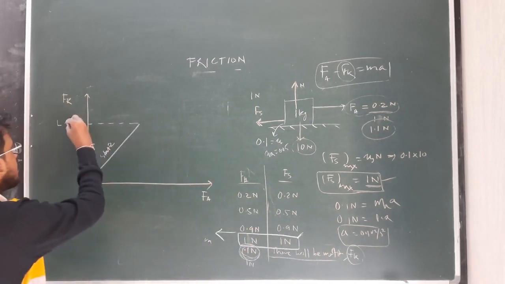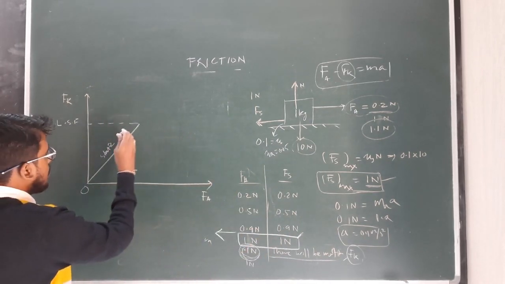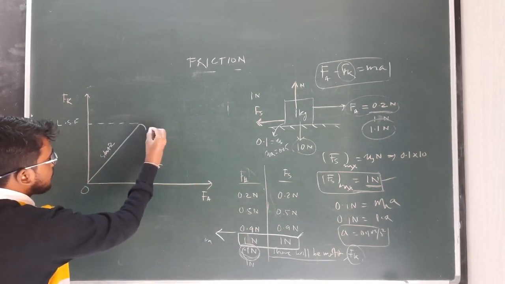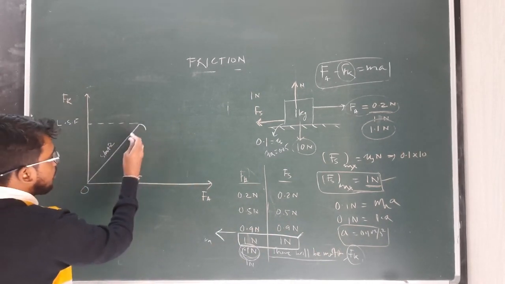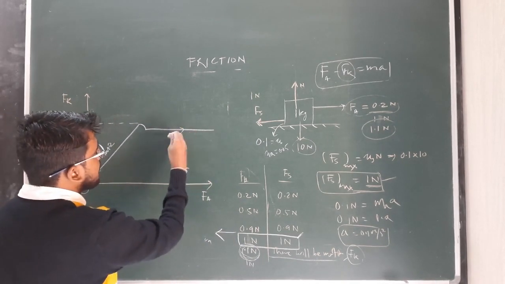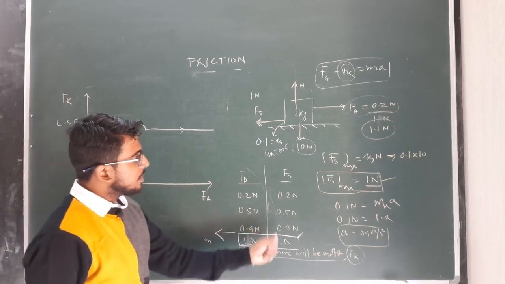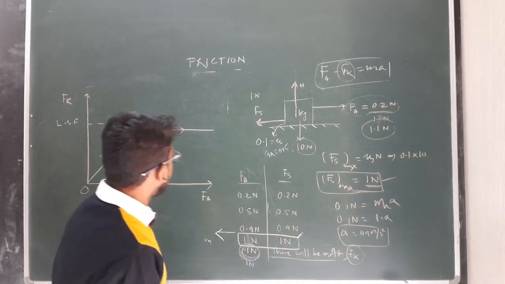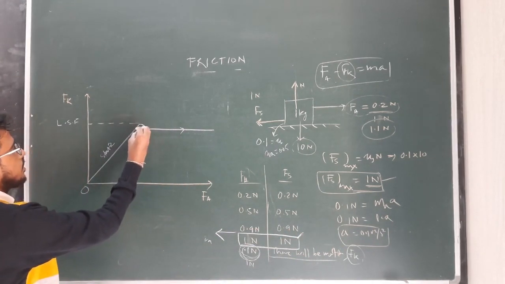Clear? So if this is the limiting static friction, after that the body will start moving with a constant value, and the frictional force which exists between the contact surfaces during the kinetic motion, that value is less than that of what?